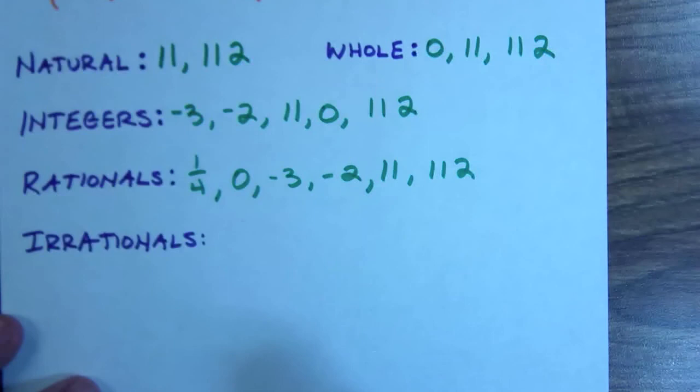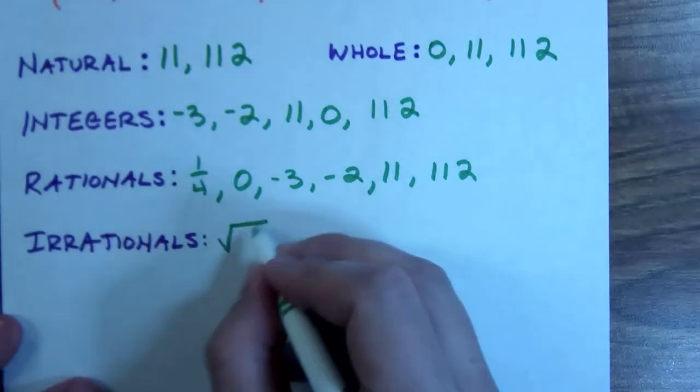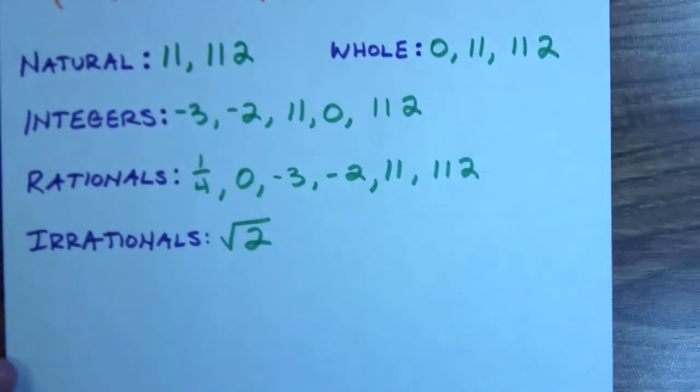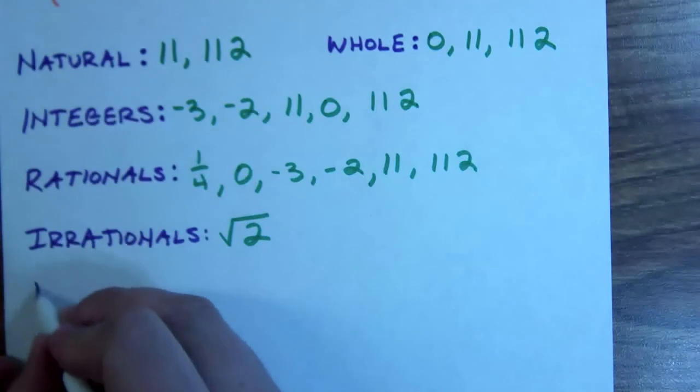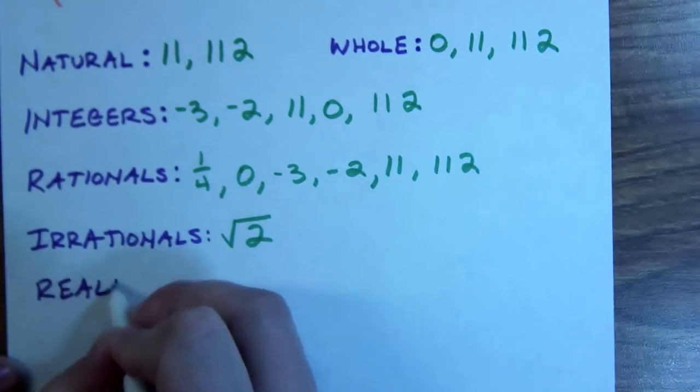What are the irrationals? Square root of 2. Just square root of 2? Everything else is rational. Which ones are real? All of them.